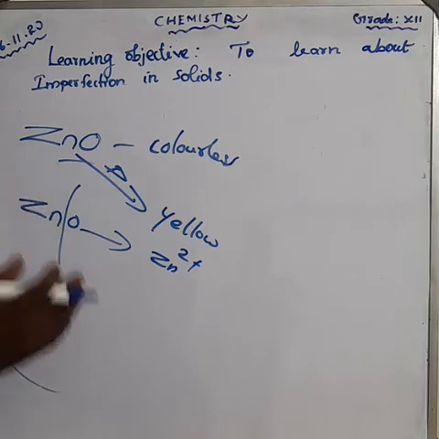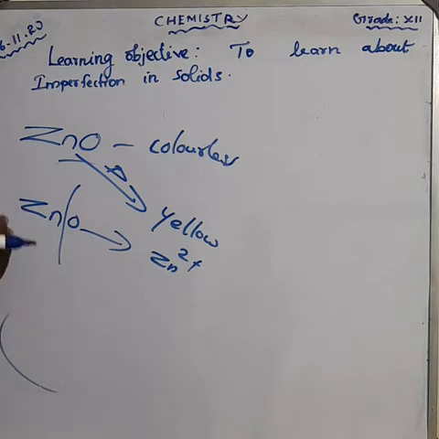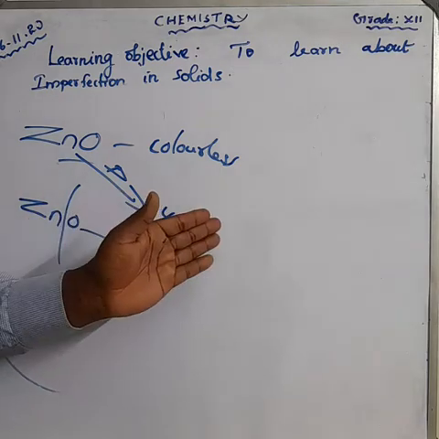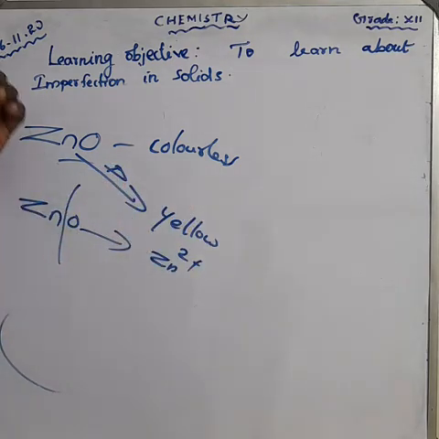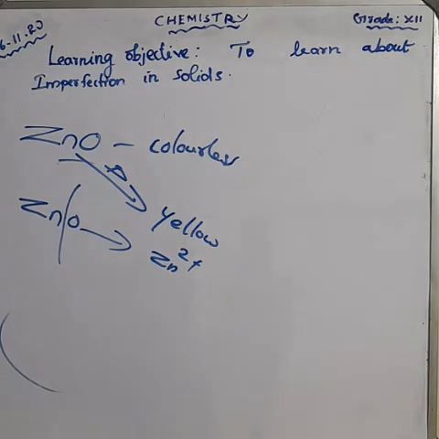The excess Zn2 plus ions move to the interstitial site, and the electrons also occupy interstitial positions.